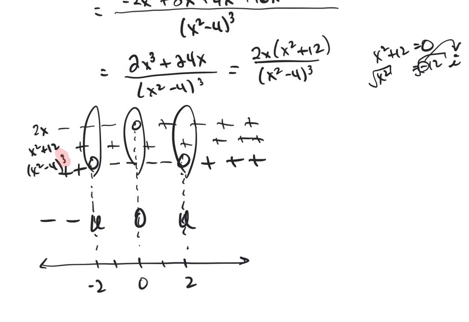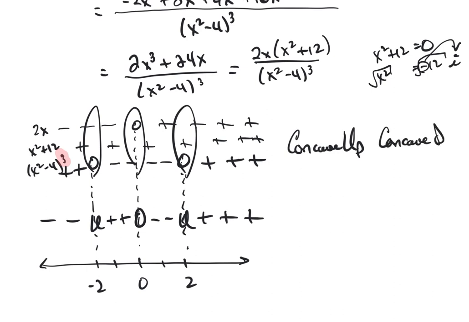In between -2 and 0, we'd have 2 negatives and 1 positive, so positive. In between 0 and 2, we'd have 2 positives and 1 negative, negative. And to the right of 2, we'd have 3 positives, so positive result. So we can then clearly see where we're concave up and where we're concave down.